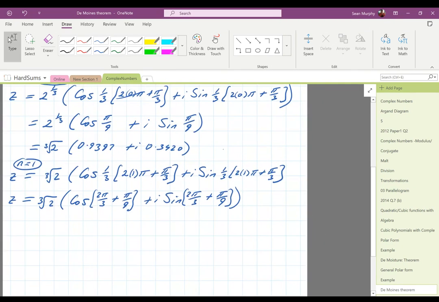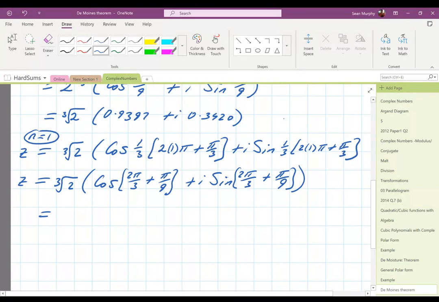And now you can get a common denominator. So it's the cube root of 2 cos, the common denominator of 3 and 9 is 9, so 3 into 9 goes 2, 2 2s is 4, 4 and 1 is 5, so it's 5 pi over 9 plus i sine 5 pi over 9.